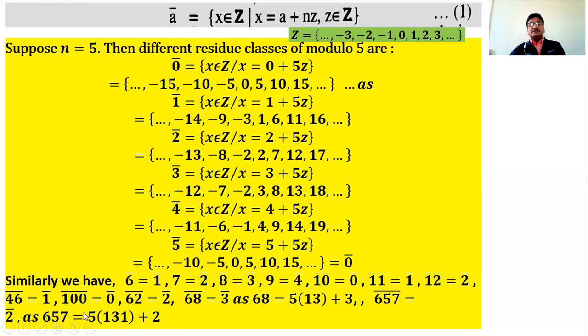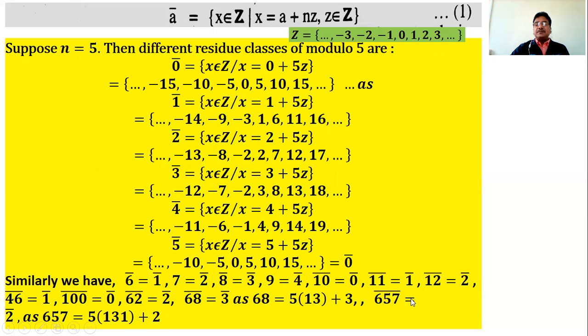So how can we find these numbers 131 and 2? If we divide 657 by 5 using a calculator, we get 131 point something. So 131 is the quotient, and 657 minus 5 times 131 is the remainder 2.